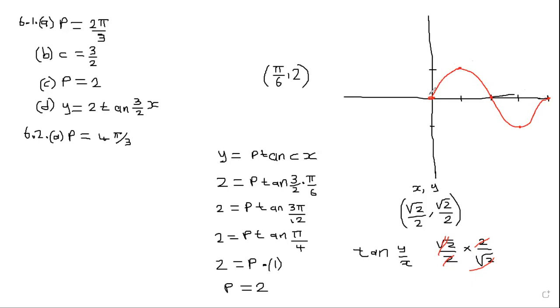So the sine graph is like that, meaning that where it touches the x-axis, that's where you draw your asymptotes. Asymptote will be here.